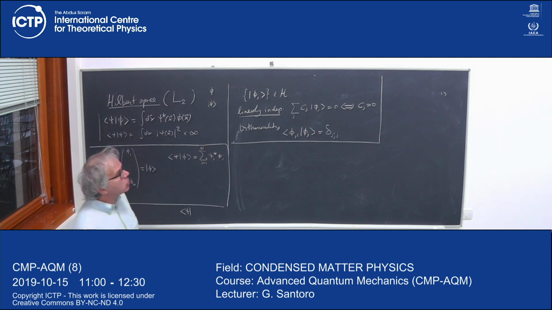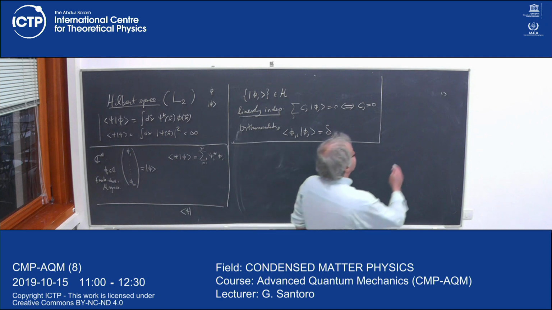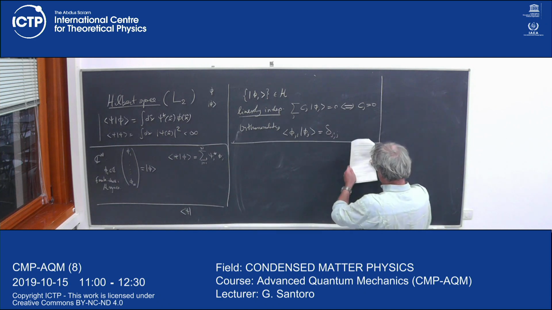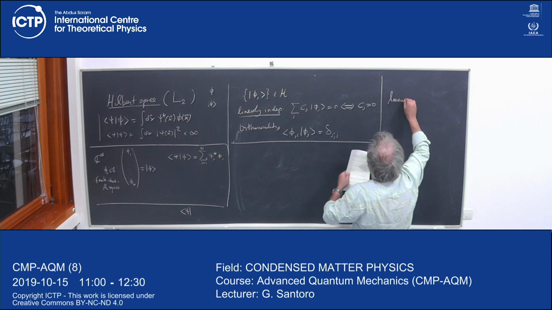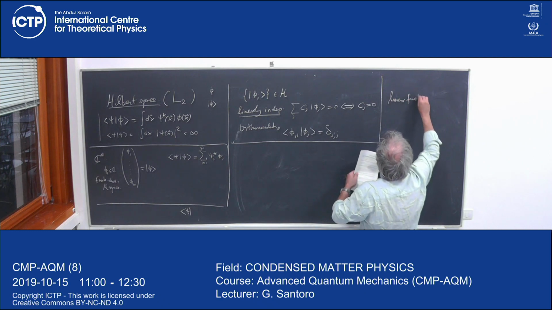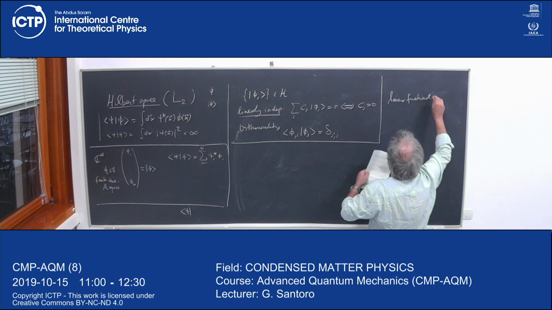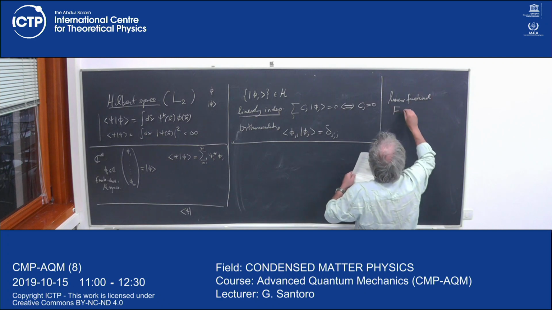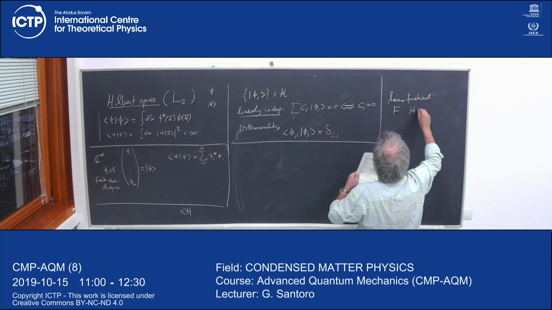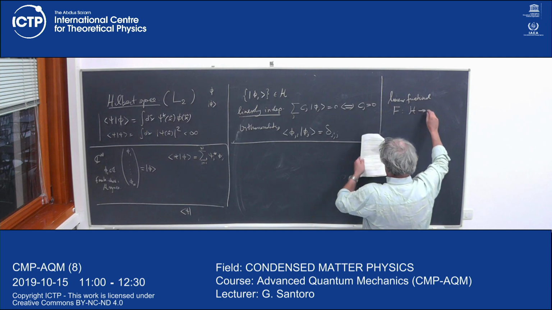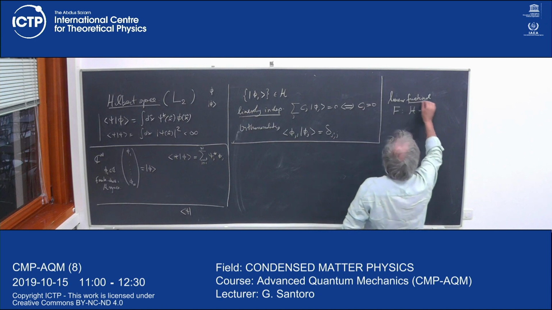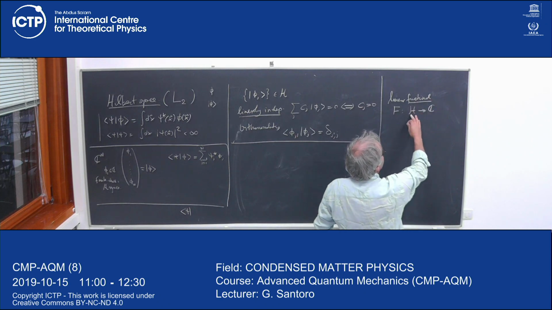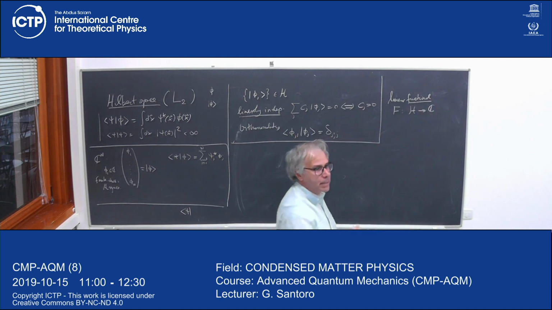Let us define a linear functional. So I want some function from the Hilbert space into the complex numbers. This is what you call a functional: something that takes a vector and associates to it a complex number.